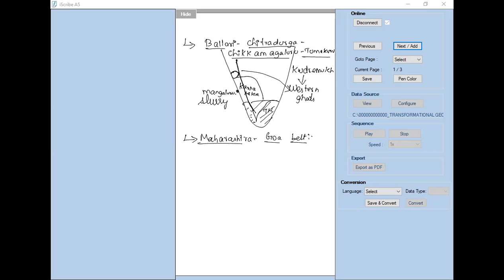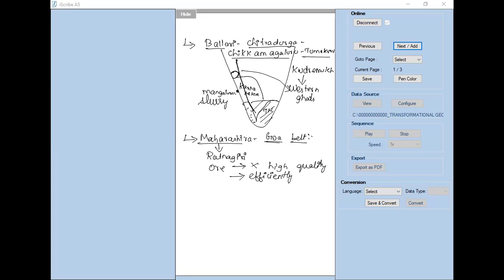So in Goa and Maharashtra we have a district called Ratnagiri, in Maharashtra. Here the ores don't have high quality, but they are efficiently exploited.